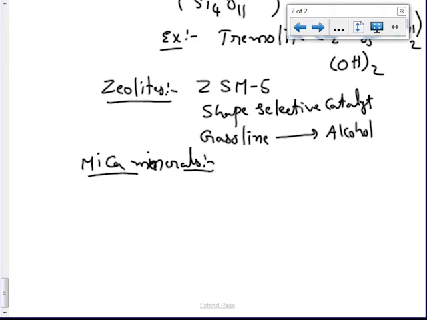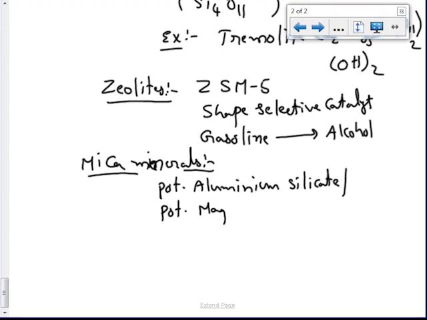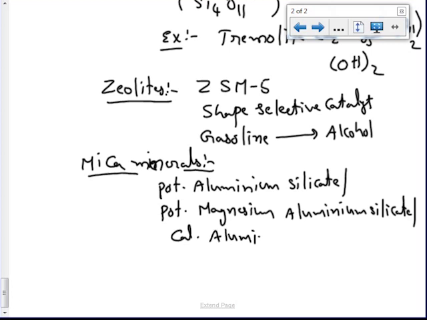What is meant by mica: potassium aluminum silicate, potassium aluminum silicate, that is called mica, or potassium magnesium aluminum silicate, or calcium aluminum silicate. This is also called mica.